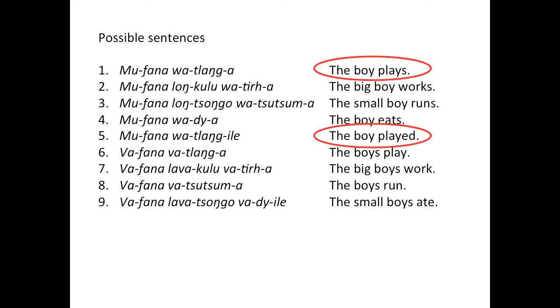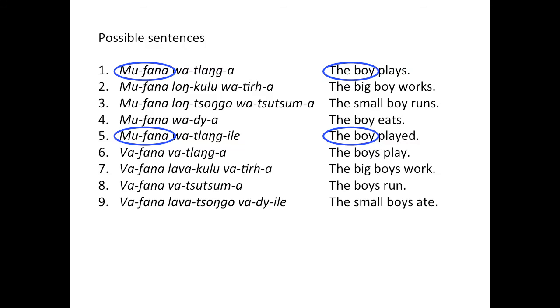If we look at the Tsonga sentences, we see that the single difference in the sentences is between the words watlanga and watlangile. Both sentences start with mufana, so we can hypothesize that mufana is the bit that means the boy, and watlanga means plays, present tense, whereas watlangile means played, past tense.